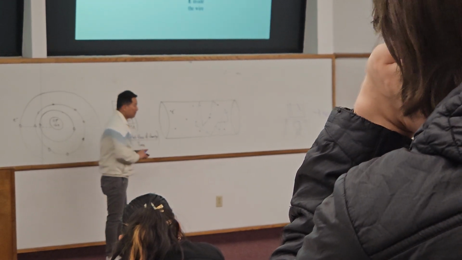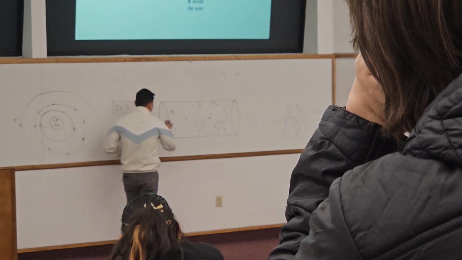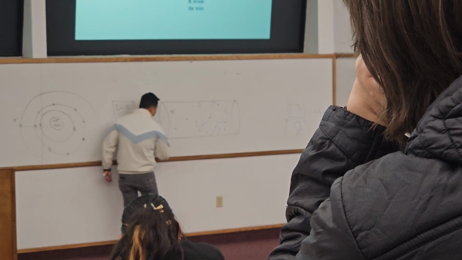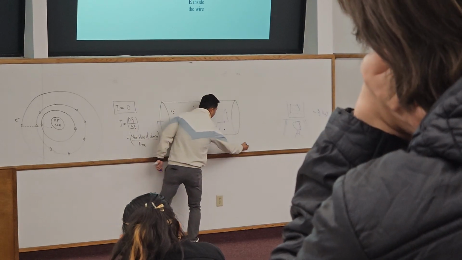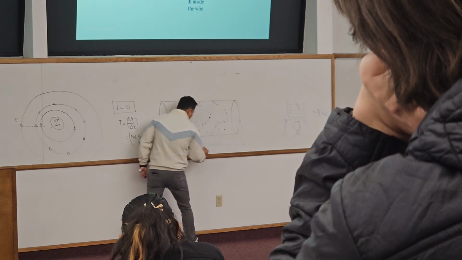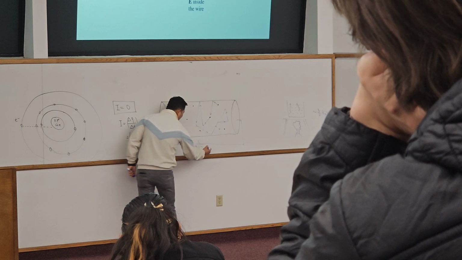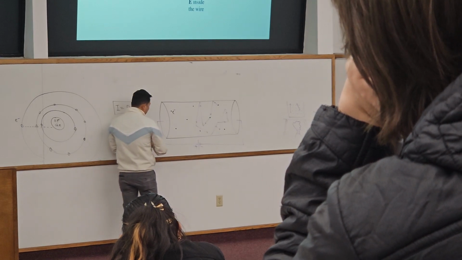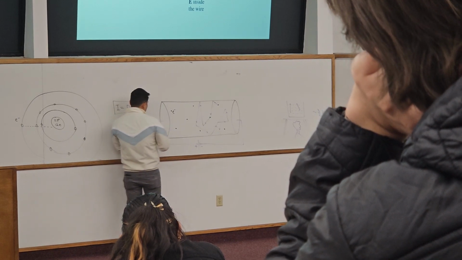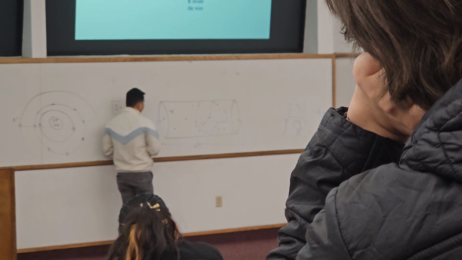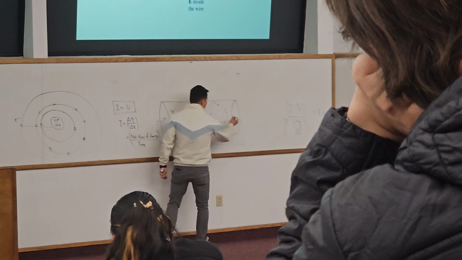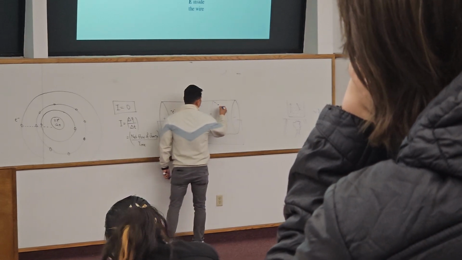Now, the story will be different whenever you apply the battery. Whenever you have a battery connected, there is the positive terminal and the negative terminal of the battery. So this is the positive side over here, and this is the negative side. And the electron is a negative charge.